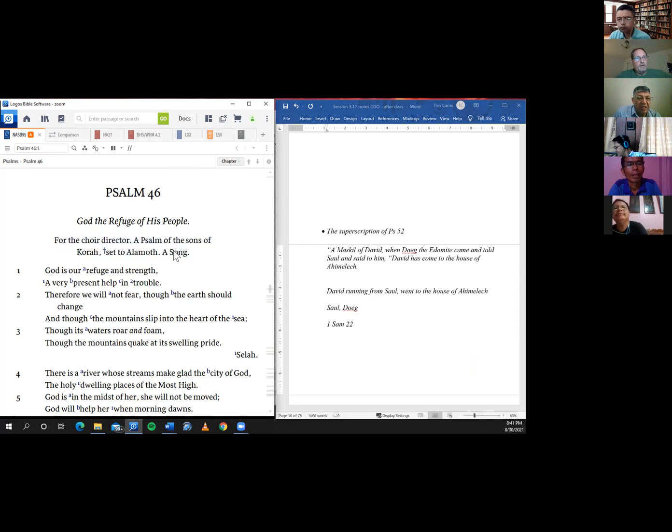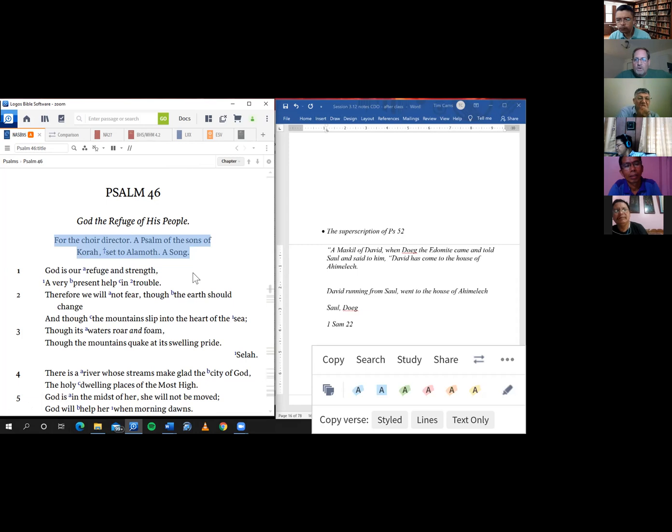But what do we see here from this part that's highlighted? What do we learn about? Is there anything we can learn about the background context of this particular psalm? I'm not familiar with this word Alamoth, sir.